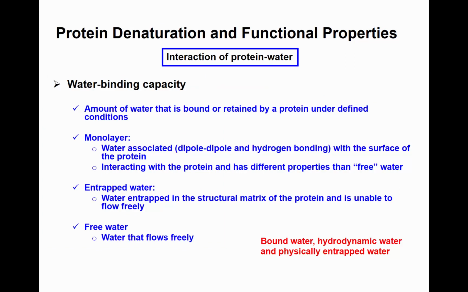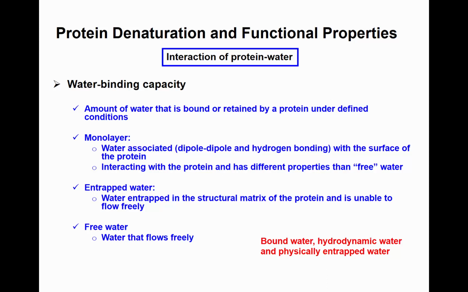So let's start with water binding. What is water binding capacity? By its name, water is bound to the protein, or the protein is capable of binding water. You probably already talked about monolayers.